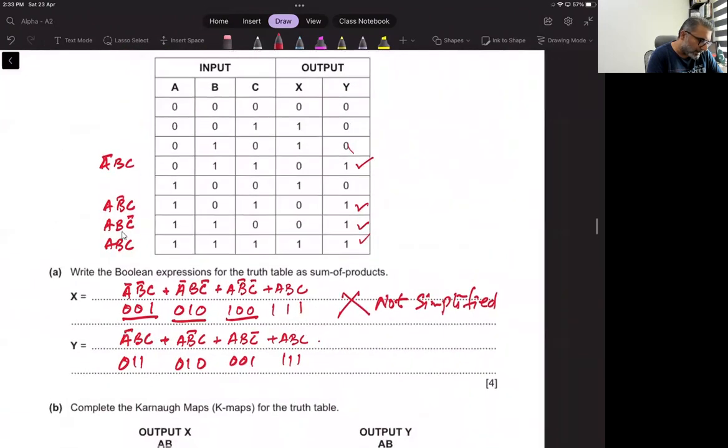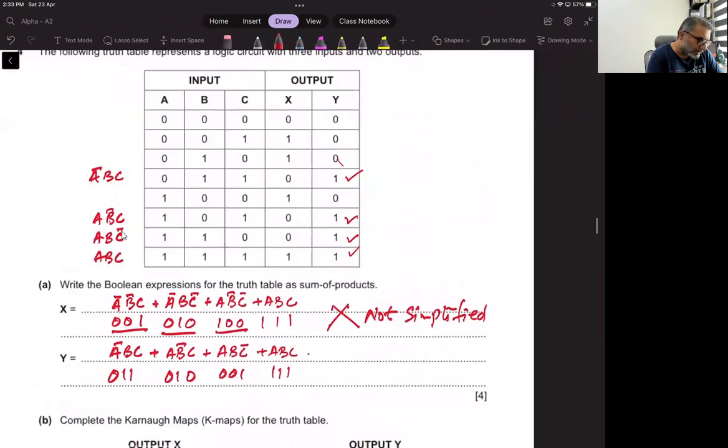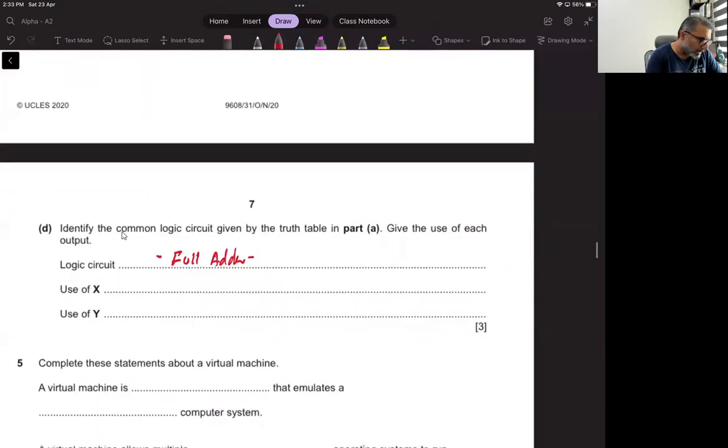How we have identified that it is a full adder? Because it has got two outputs. Okay, and if there are three inputs, then it is full adder, and if it has two inputs, then it is half adder. So this is full adder. Use of X is basically sum. Use of Y is basically carry.